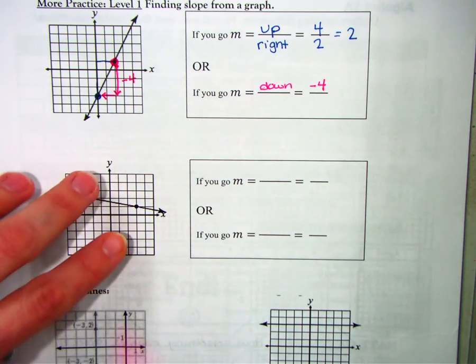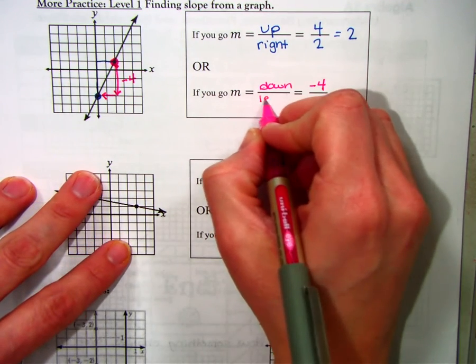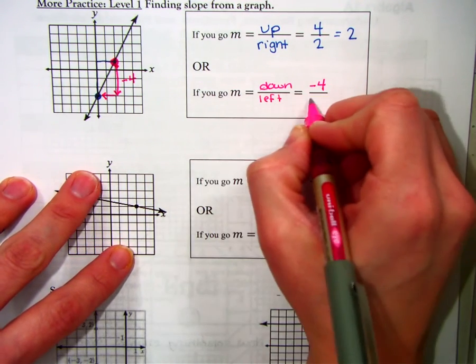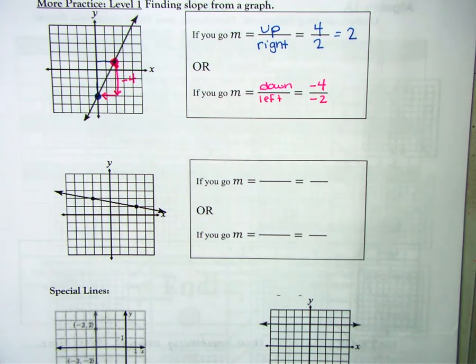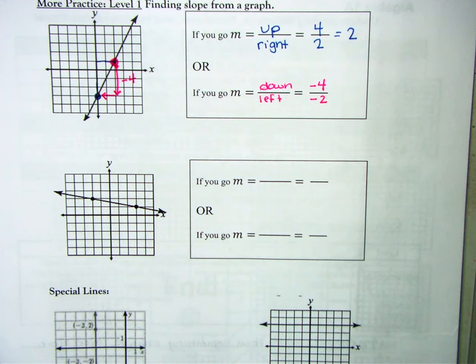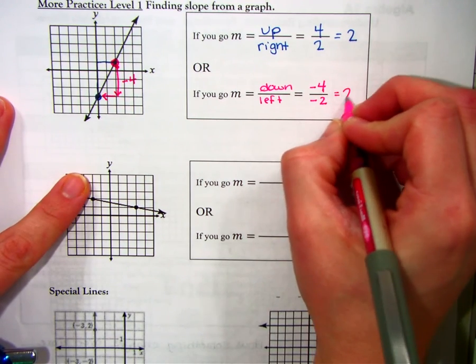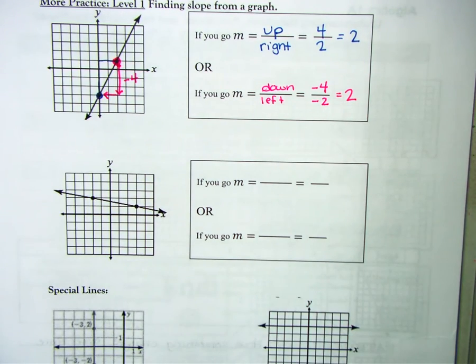If you go left, you have to tell me negative. So that's why you're -4. Your 4 would have been negative. 2 over -4? Yes. So it could be either one. Okay, so -4 divided by -2 is a +2. So you can do it either way.